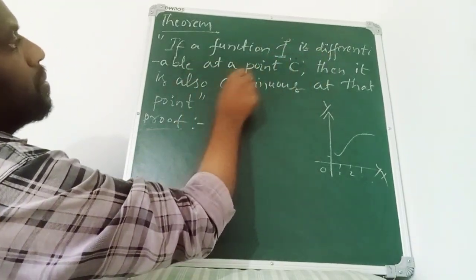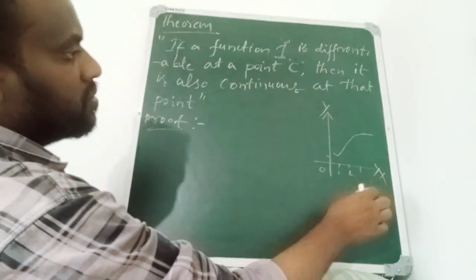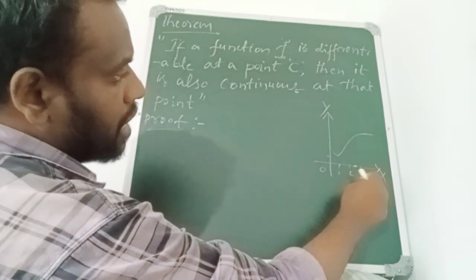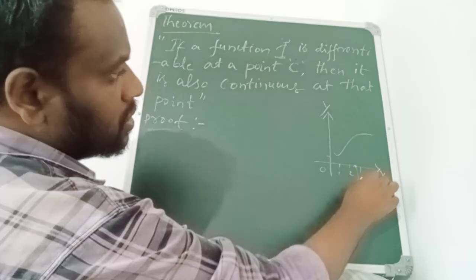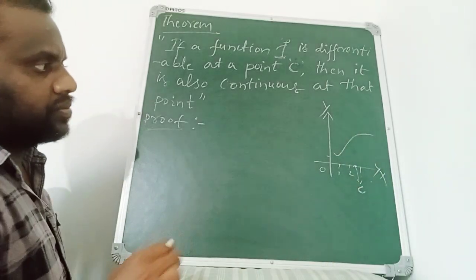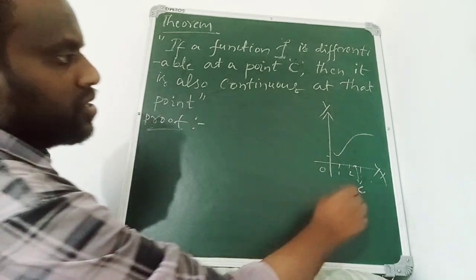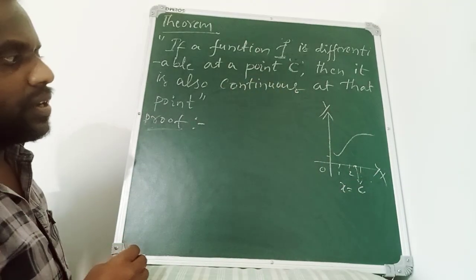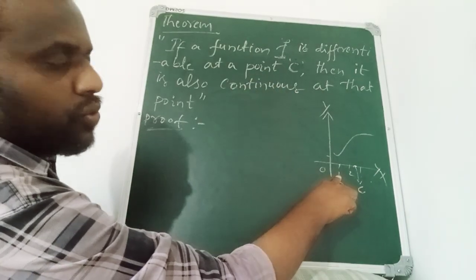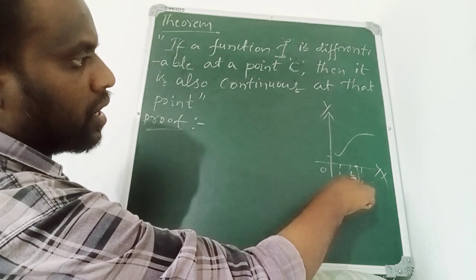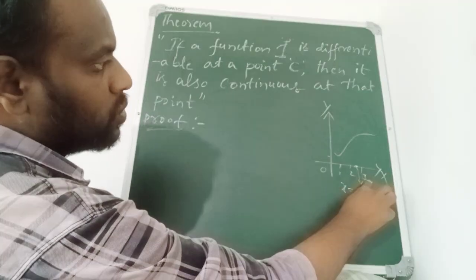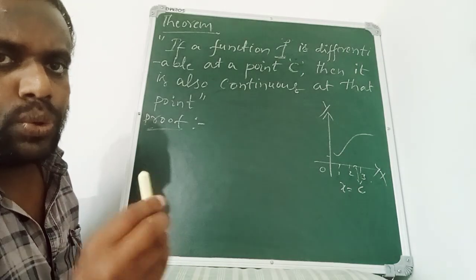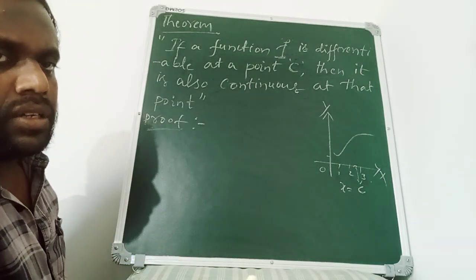f is differentiable at a point c. Point c means this is the x-axis, right? For example, here some value c. So x is equal to c. So this is x equal to 1, x equal to 2, and here x equal to 3. Here some point, so we don't know that number.